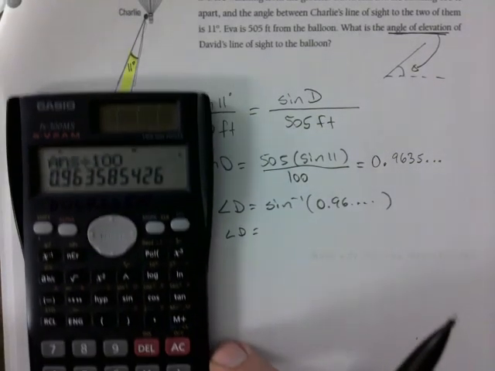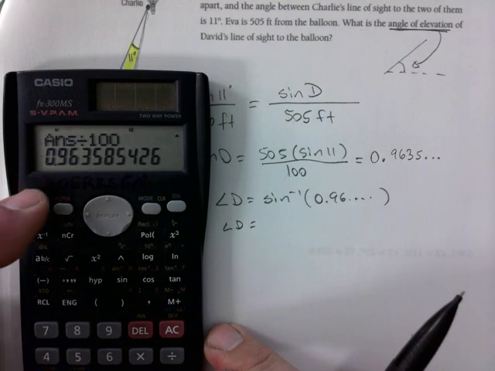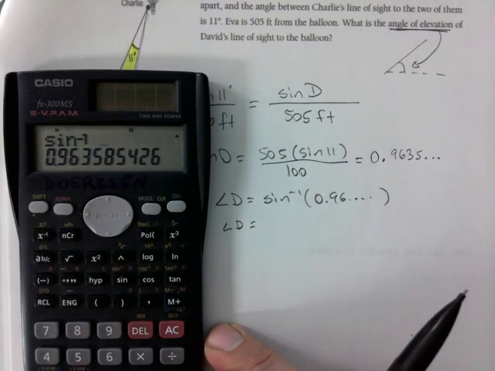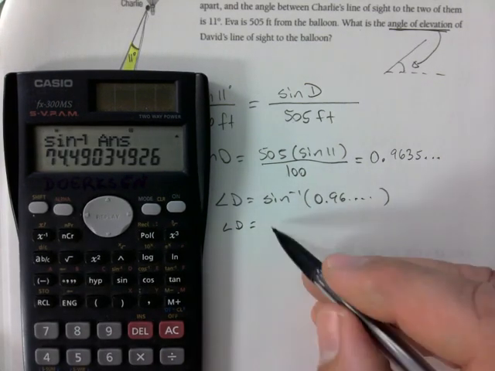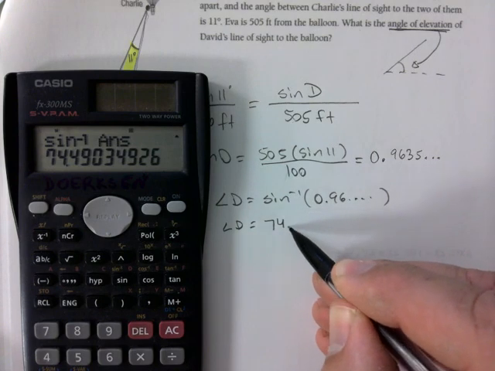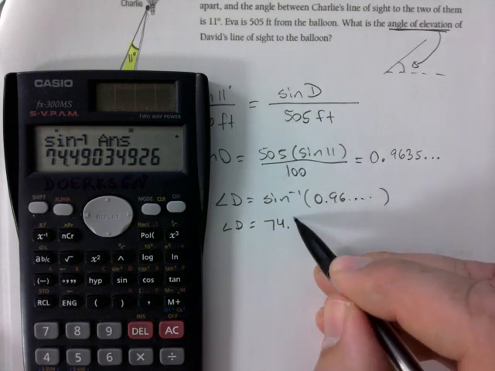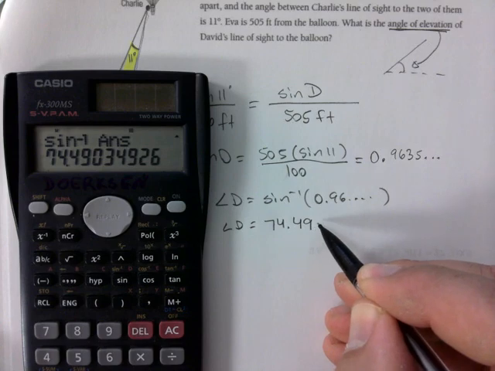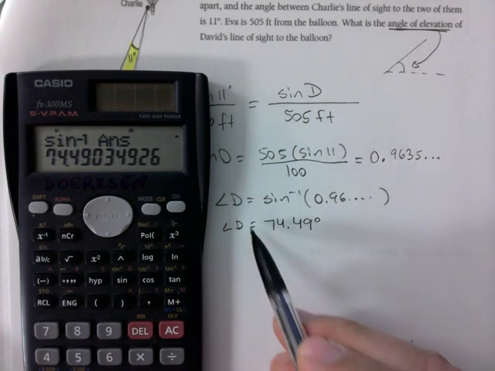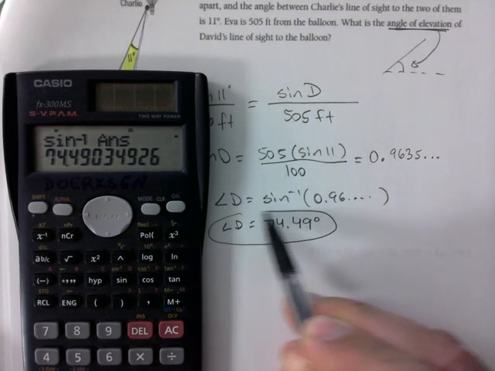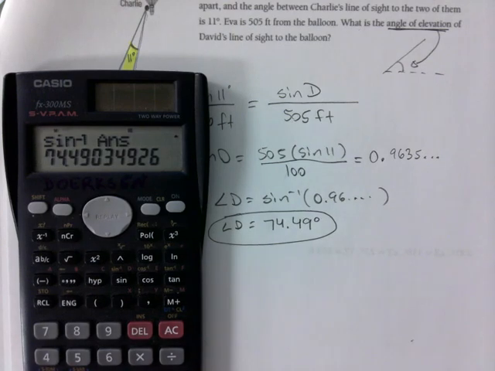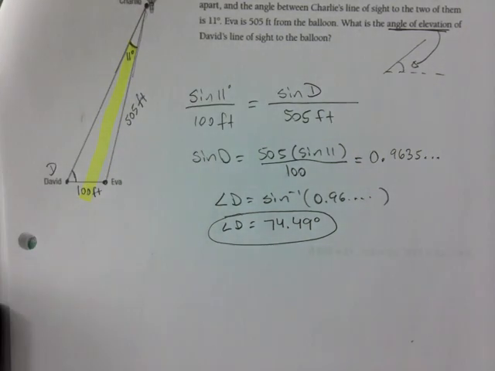Ready? Second F or shift sine equals 74.49 degrees. That is the angle of elevation. That's how high up she has to turn her head from the horizontal to look. Oh, sorry, David, to look up.